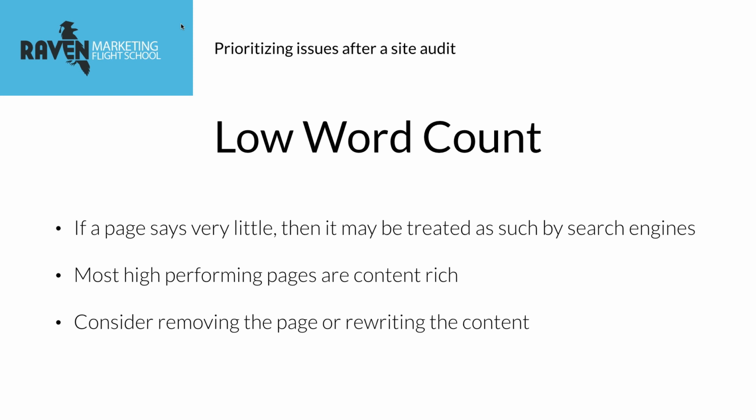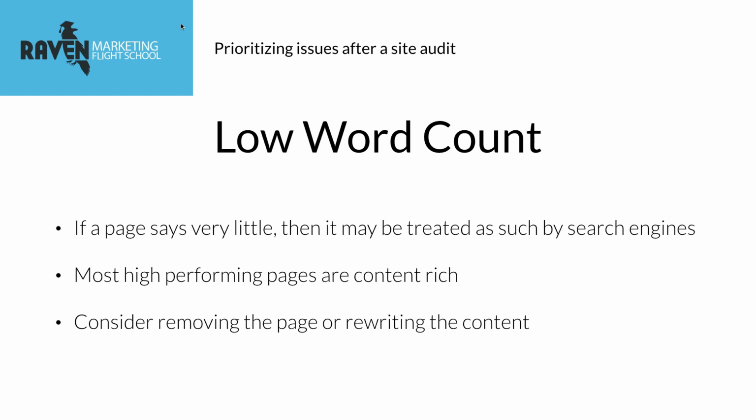It may not be interpreted well by search engines because it doesn't say much. A search engine is looking for context and usually prefers more content in order to achieve that context, so you could be doing yourself a disservice if there's a very low amount of words on there that are unique to that page.